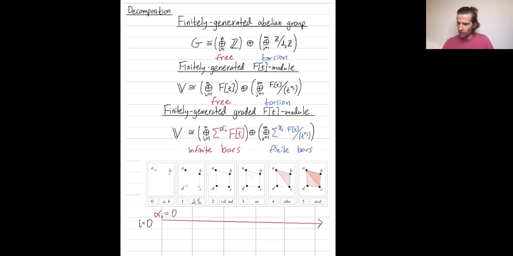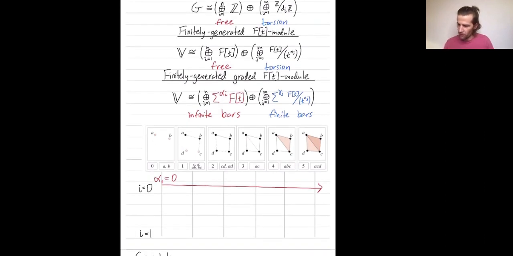What else do we have? Remember, we had 2 finite bars. We had a finite bar like this, plus 1 more. So this finite bar has gamma_1 equal to 0. It also starts at time 0. It lasts for 1 step.